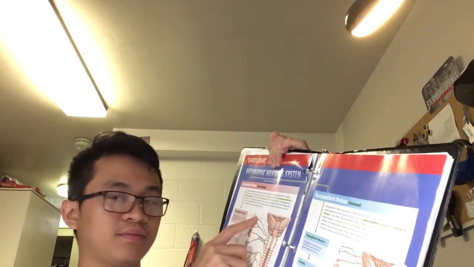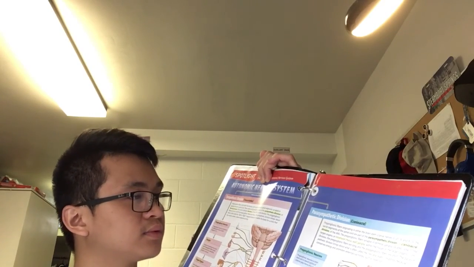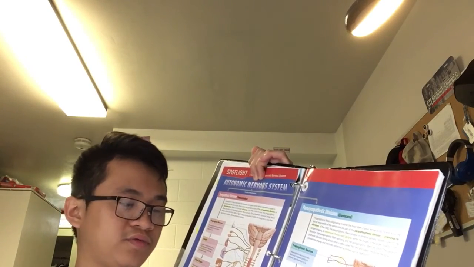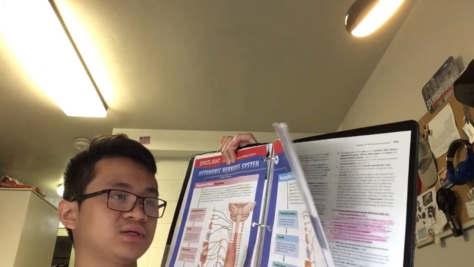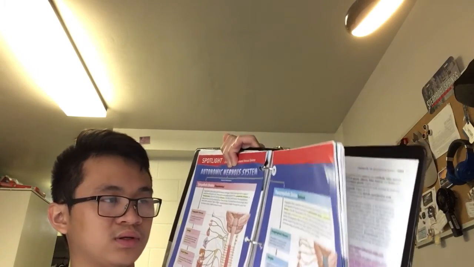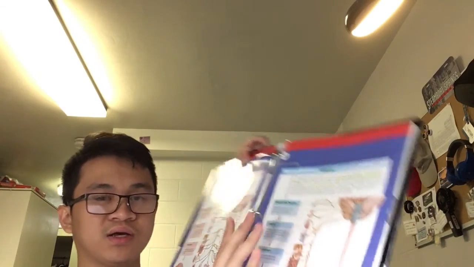Notice how they're both innervating organs. Both have preganglionic neurons, ganglia, and they all go to a target organ. The difference between the organs here is that sympathetic can innervate skin, parasympathetic does not. Parasympathetic also innervates the lacrimal glands in the eye, causing you to cry.